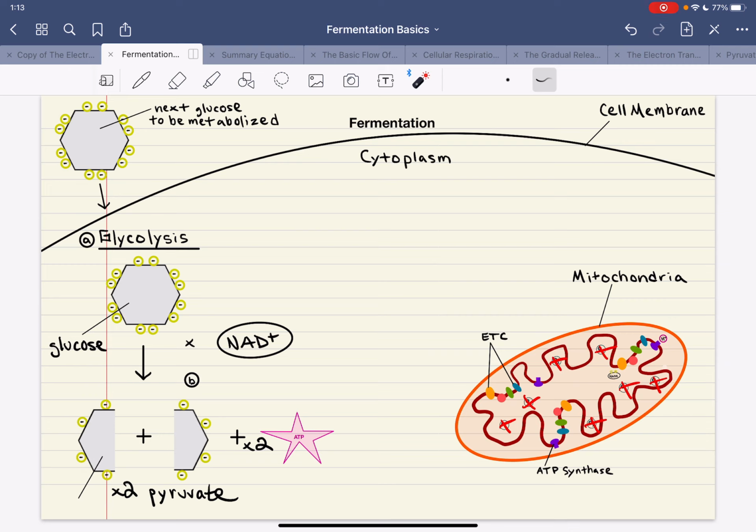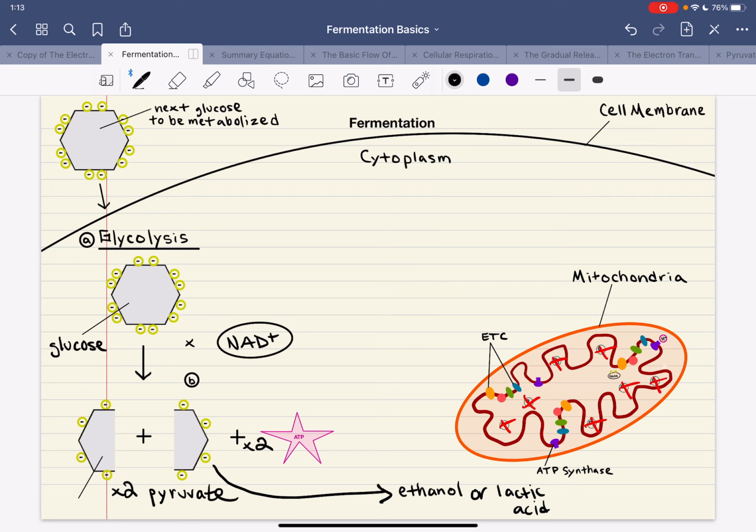So I'm going to try to squeeze that in here. So once pyruvate has gained a pair of electrons, each pyruvate becomes either alcohol or lactic acid.